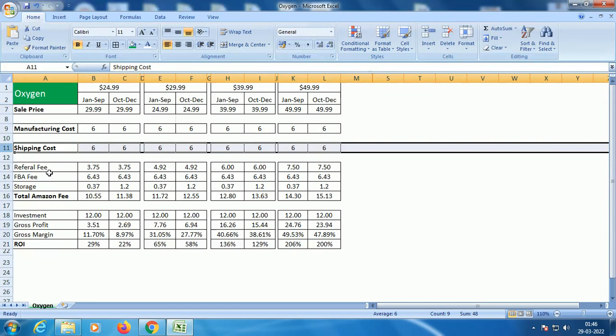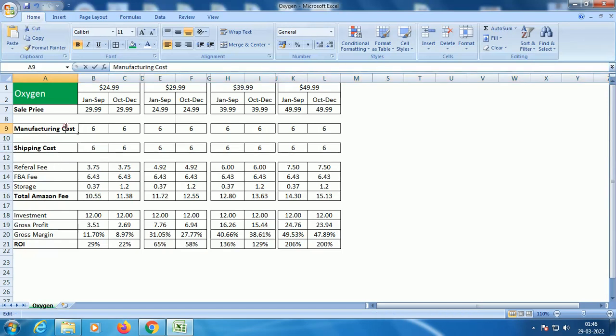So you need to be very much aware of all these parameters well before placing an order for sample. You need to know net how much you are paying to Amazon on each and every sale, right? So you're clear on your manufacturing cost, you're clear on your shipping cost. Now you're also clear on your FBA fee.